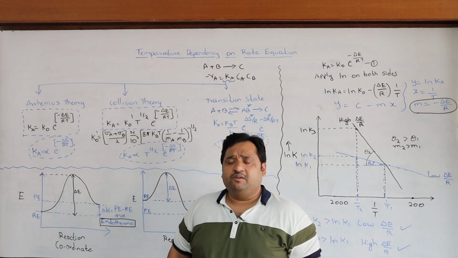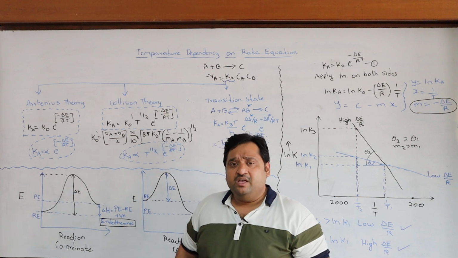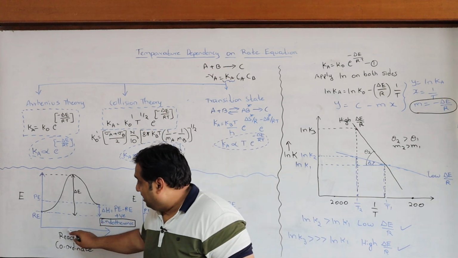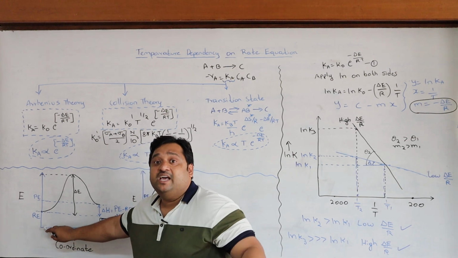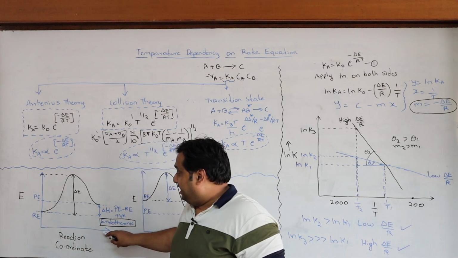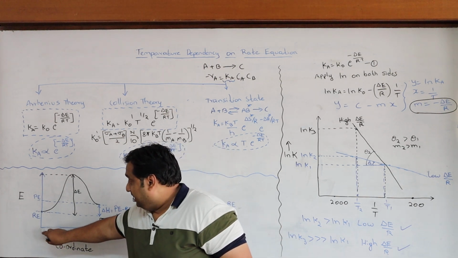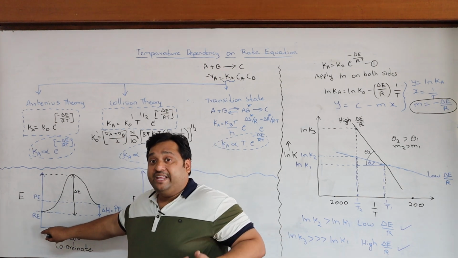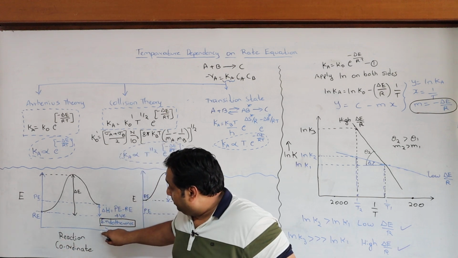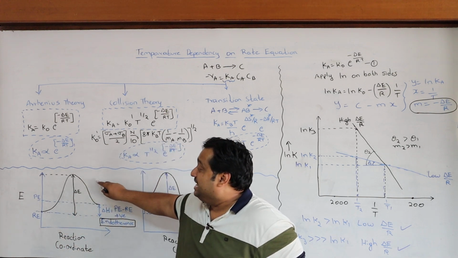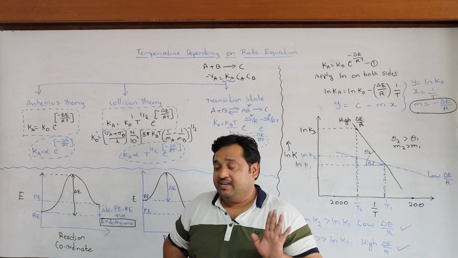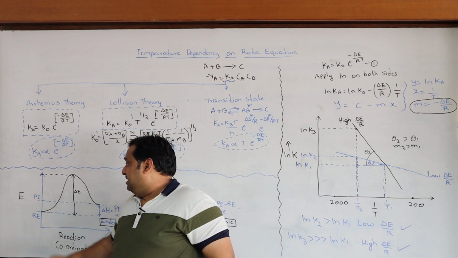The reaction coordinate is a very abstract term. Imagine the left side of the x-axis is the reactant state and the right side is the product state. When the molecule goes from reactant to product, the energy landscape changes. That is the y-axis.